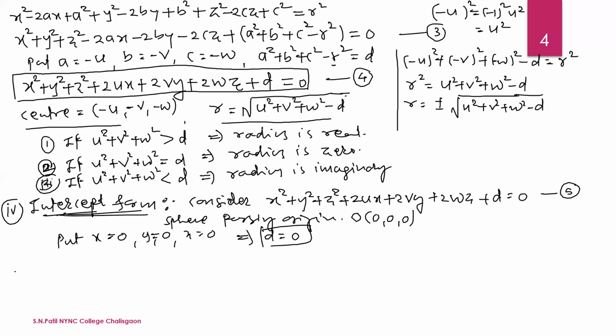So equation 5 becomes x square plus y square plus z square plus 2 times ux, 2 times vy, 2 times wz is equal to 0, which is the general equation of the sphere passing through the origin.